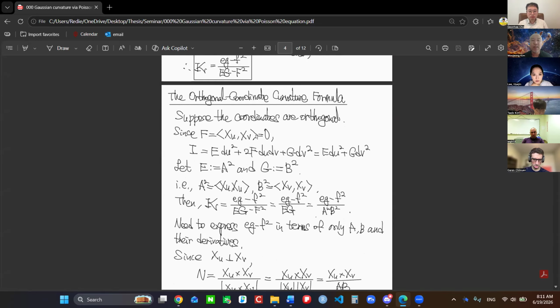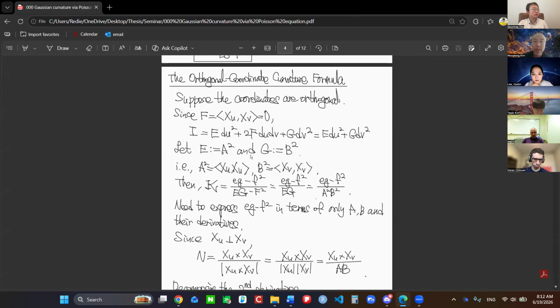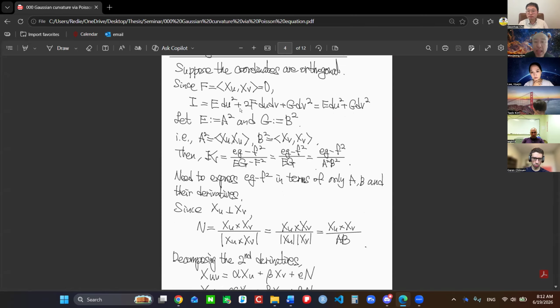So this inner product is going to be 0, which means F is going to be 0. Then in the first fundamental form this term is going to be canceled, so it's going to be E du² and G dv². Then we can define E as a² and G as b². That is, a² is the inner product of xu with itself, and b² is that of xv.